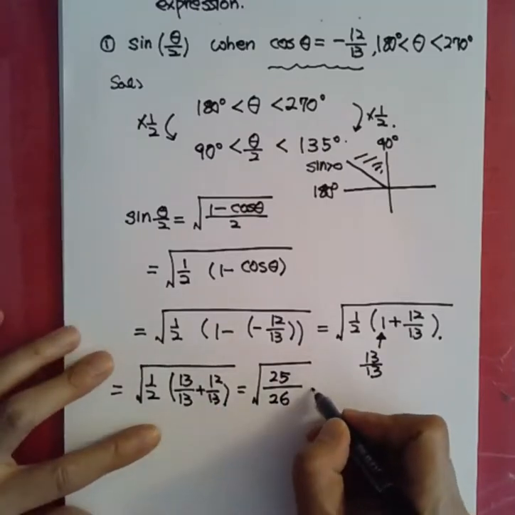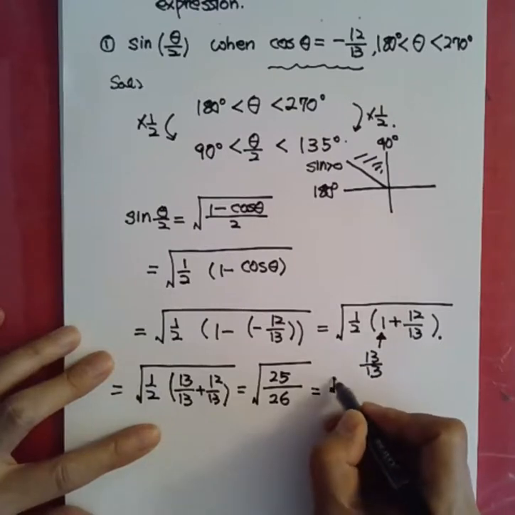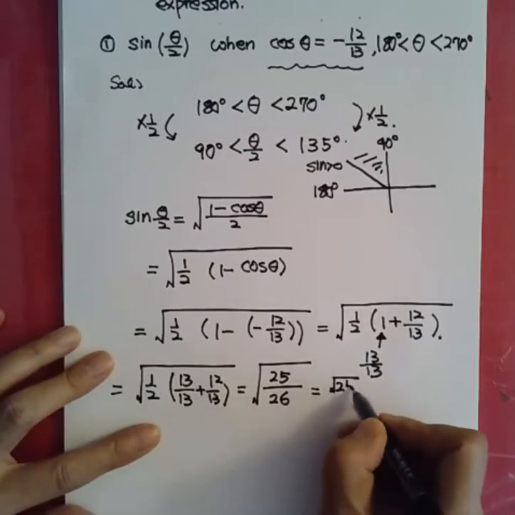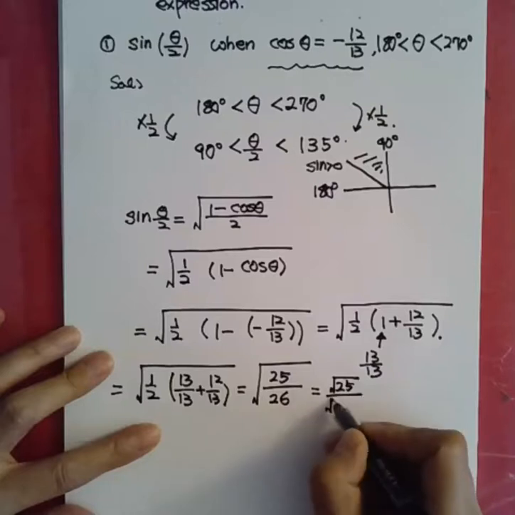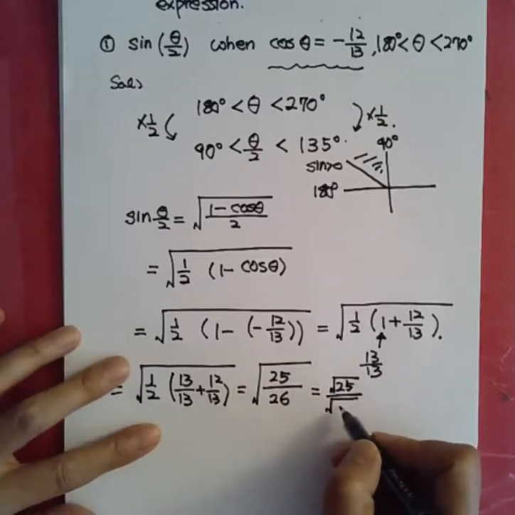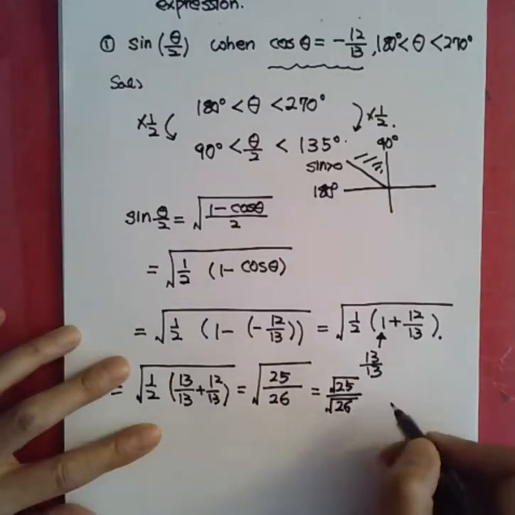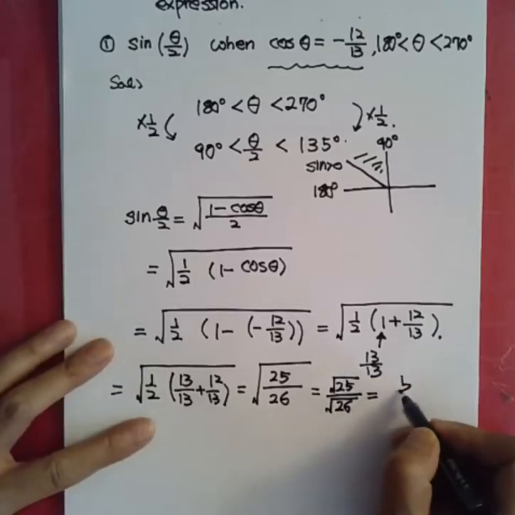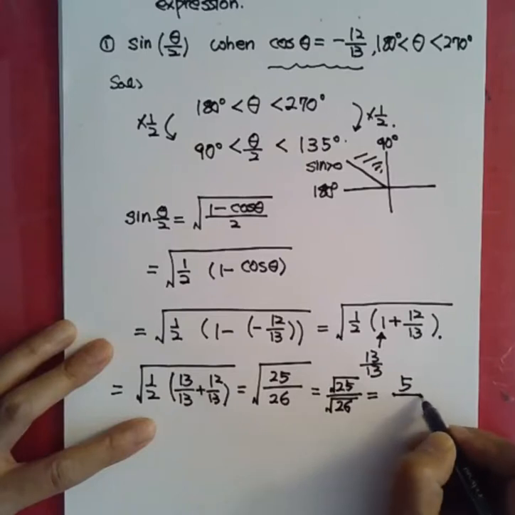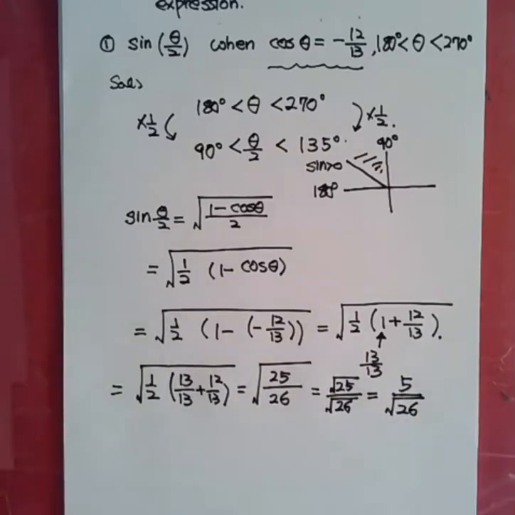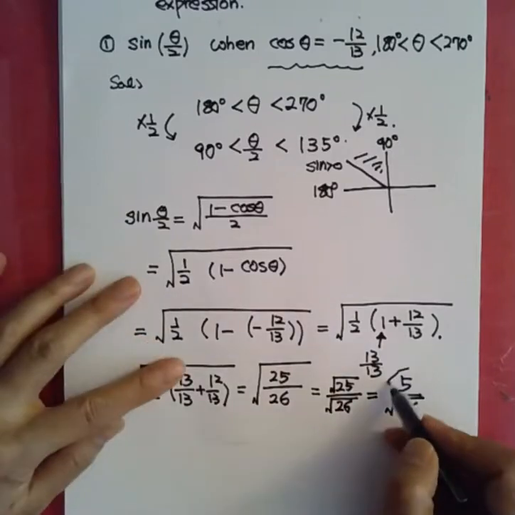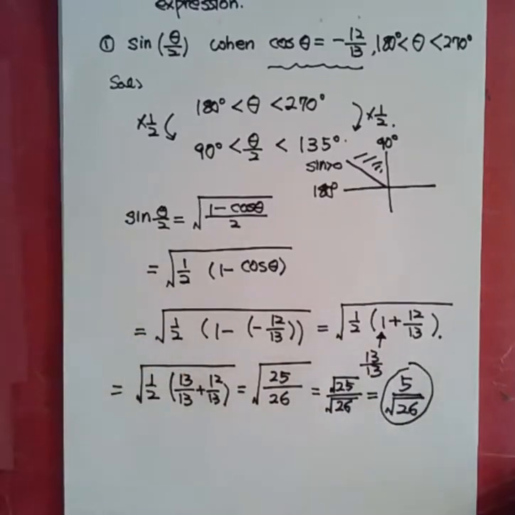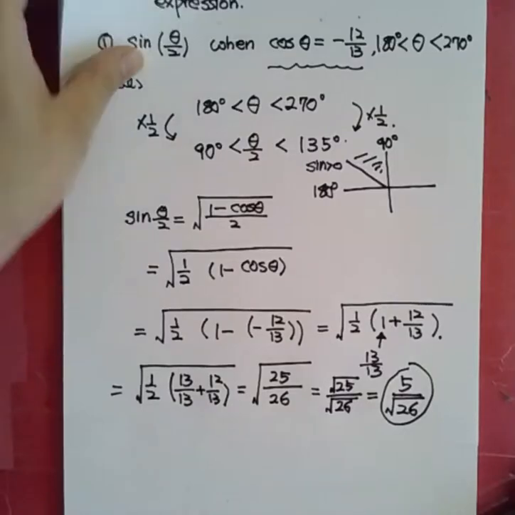We can separate the numerator and denominator. Then the square root of 25 over the square root of 26; the square root of 25 is 5, so 5 over the square root of 26. It cannot be simplified. So that is the final answer. You don't have to rationalize it.